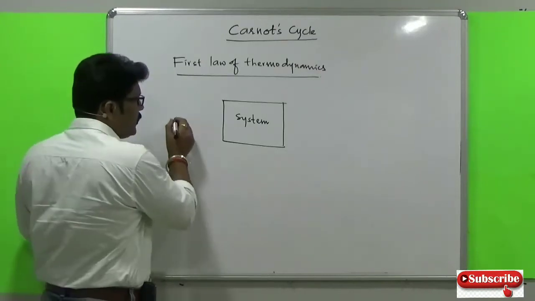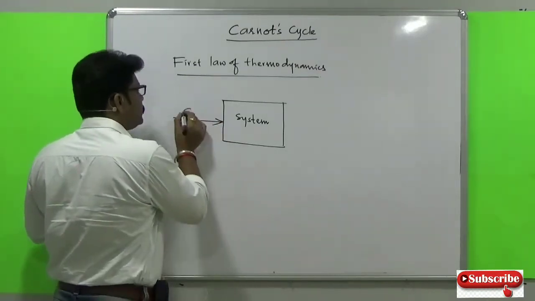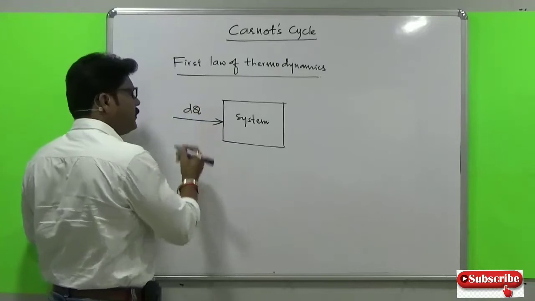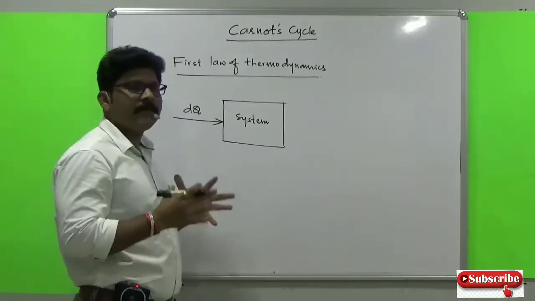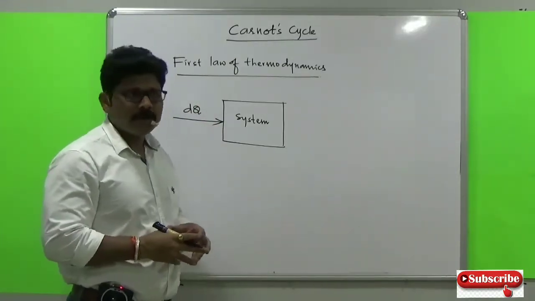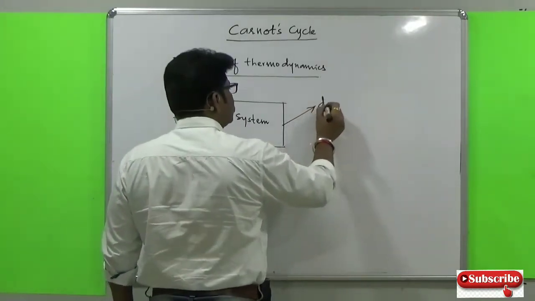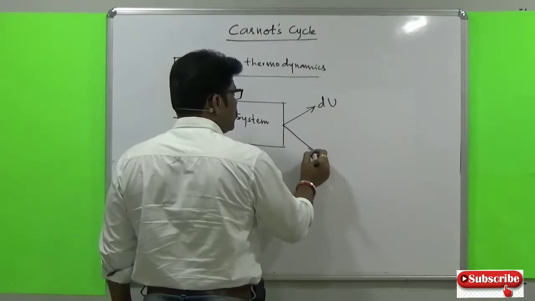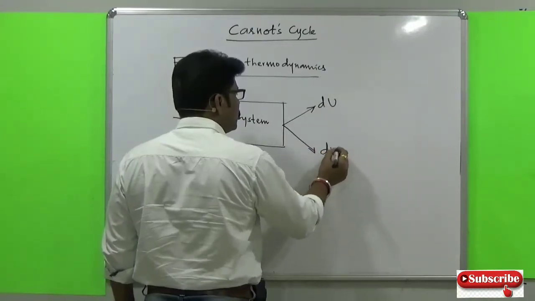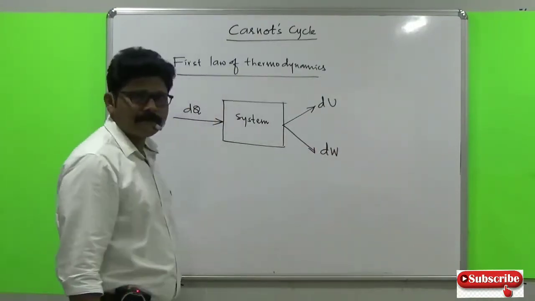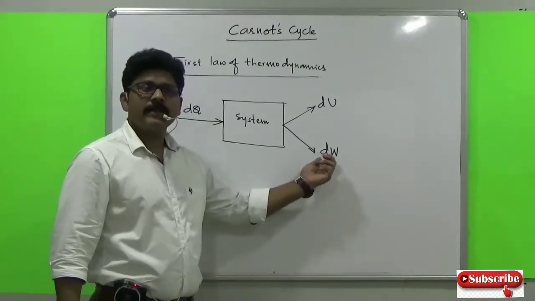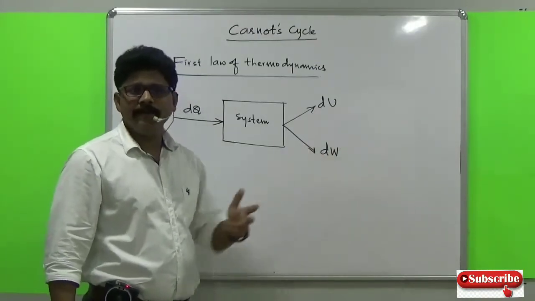When you give heat to the system, dq is the heat given to the system. It is utilized in two ways: to increase the internal energy and to do the external work. Just now we discussed external work done is P into dV.